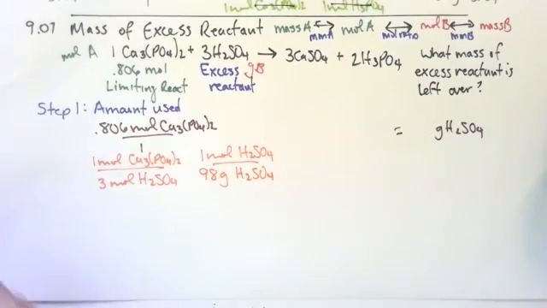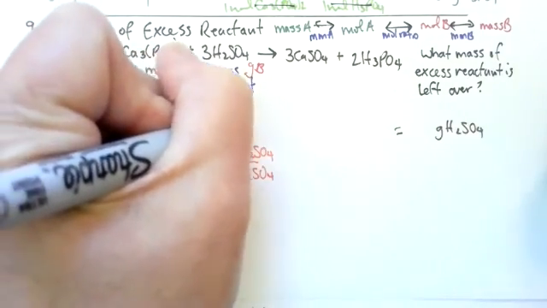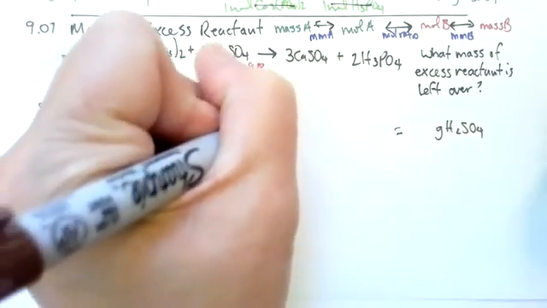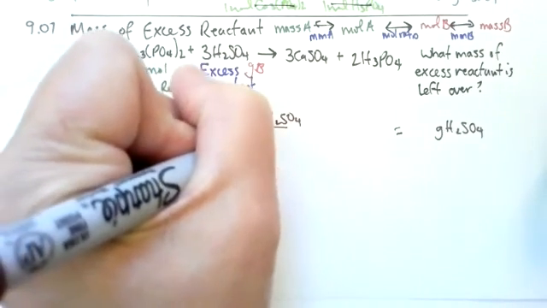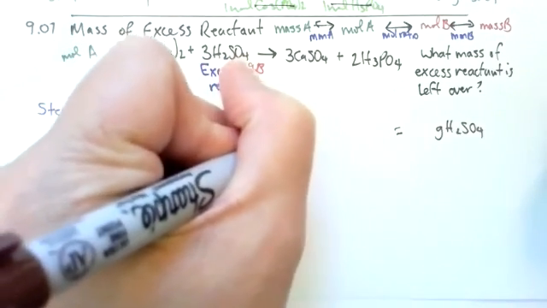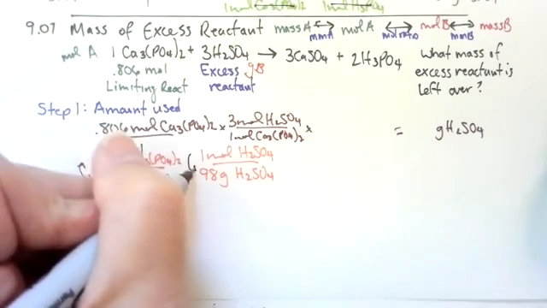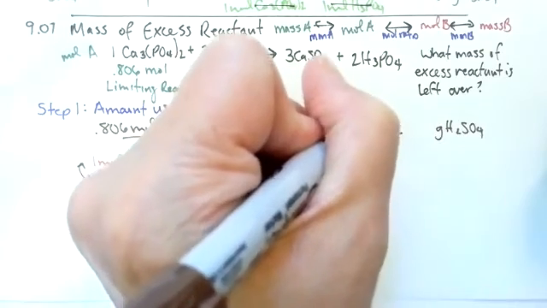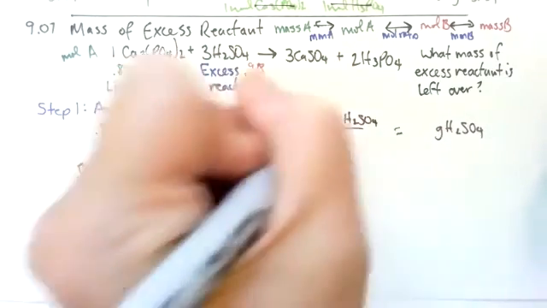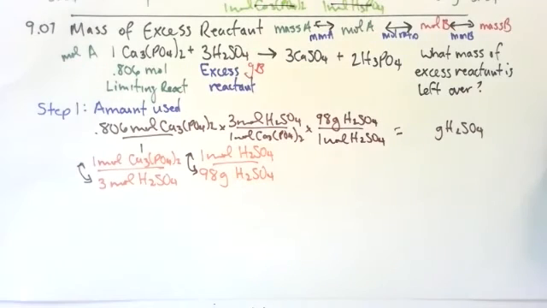I've got calcium phosphate on the top, so this is going to have to flip. 3 moles H2SO4 over 1 mole Ca3(PO4)2. I've got moles of sulfuric on the top. I'm going to have to flip this. Cancel my units.